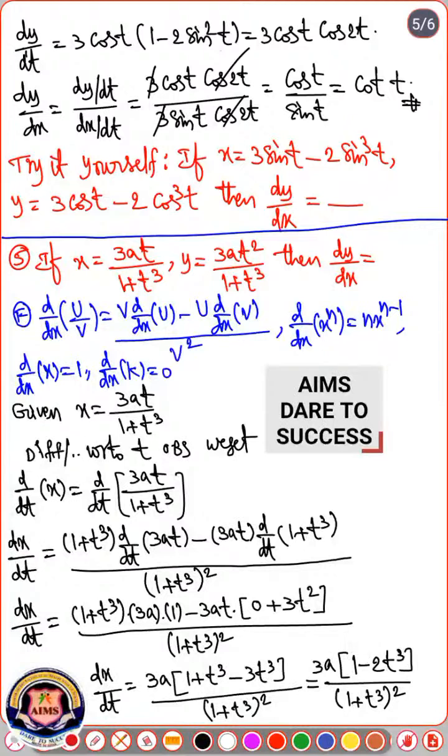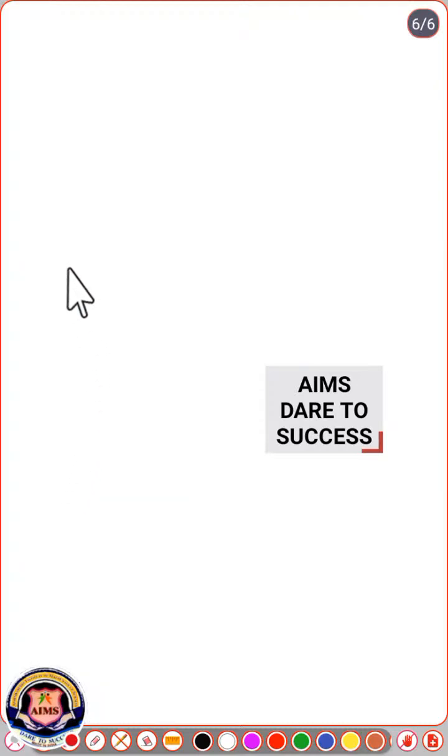This is the dy by dx value. Next we will continue with the y related derivative. So given y is equal to 3at square divided by 1 plus t cube.